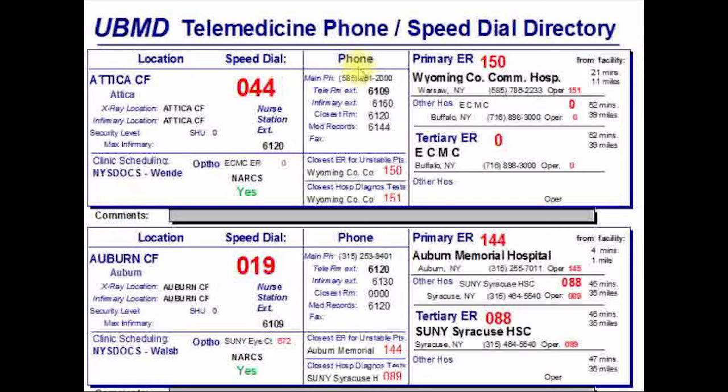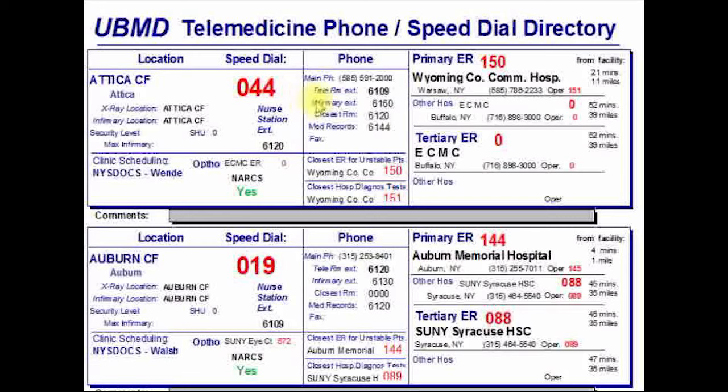Scheduling. Here's the main phone number, different extensions that you might end up using, primary and tertiary ER. What these red numbers are for is the speed dials. They also are, for this particular one, for the fax code also. So for the phone, you would pick up the receiver or use the hands-free button on the phone.